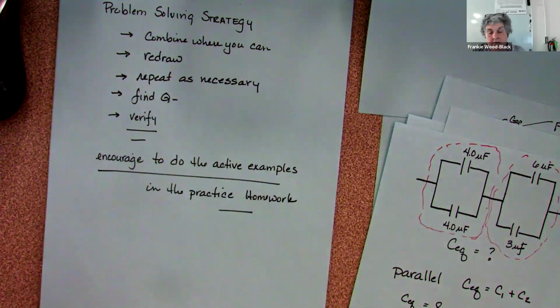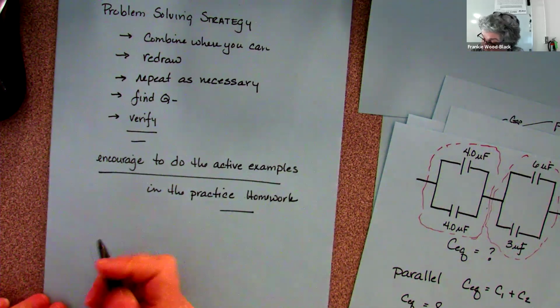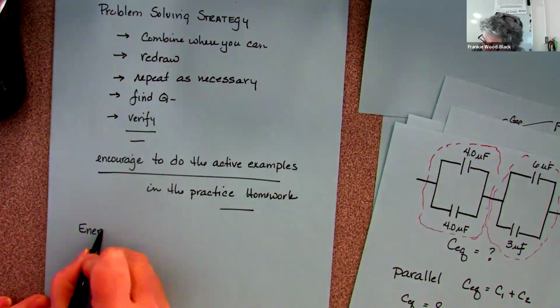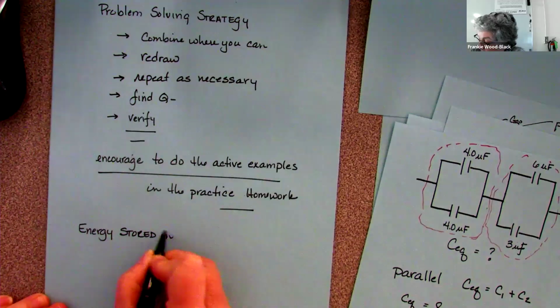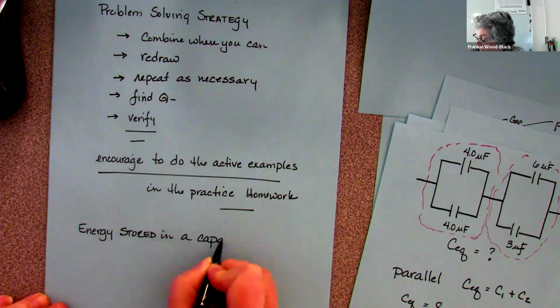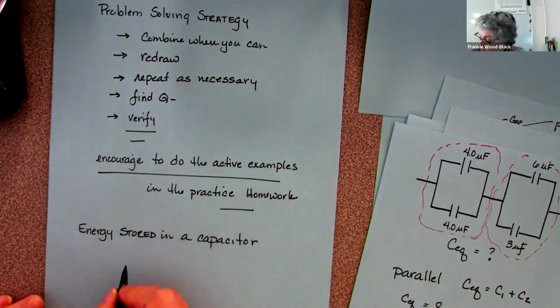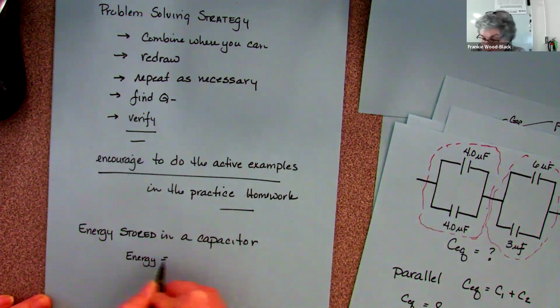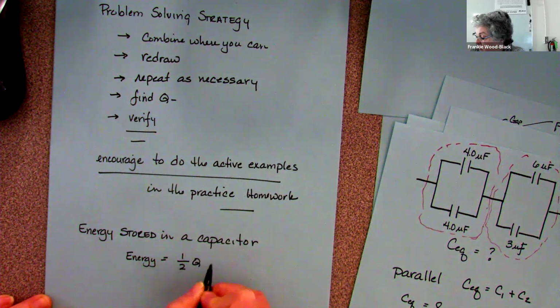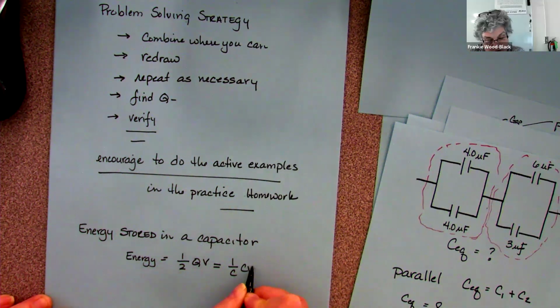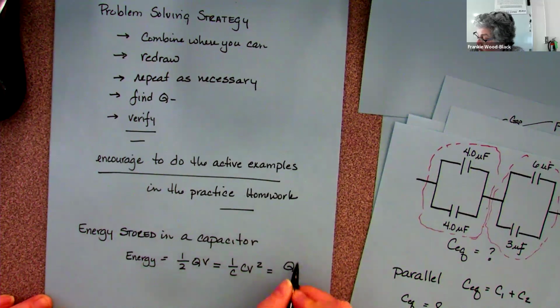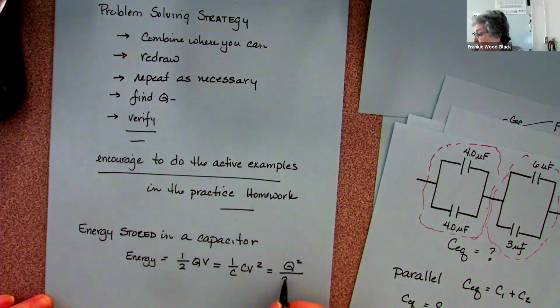We'll go ahead and do that because capacitors store energy, and our energy stored in a capacitor is equal to 1/2 Q times voltage, or 1/2 the capacitance times the voltage squared, or the charge squared divided by 2 times the capacitance.